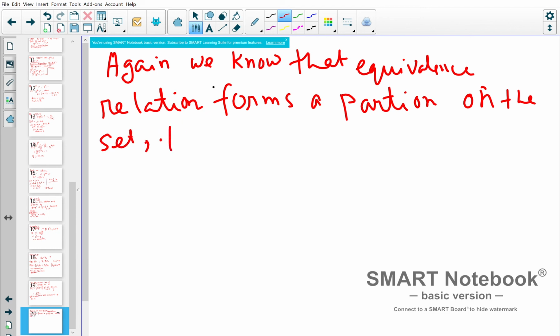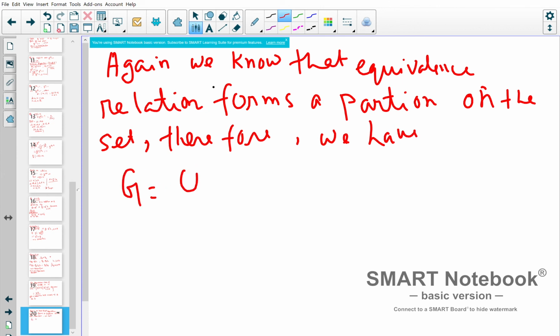So therefore we have that G is the union of these equivalence classes GH, G belonging to G. Clear? And because this is a partition, you know that either two classes are the same or disjoint, right?